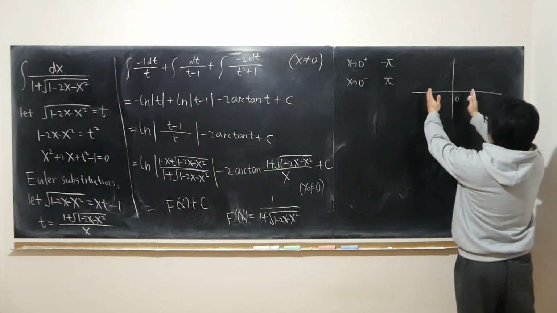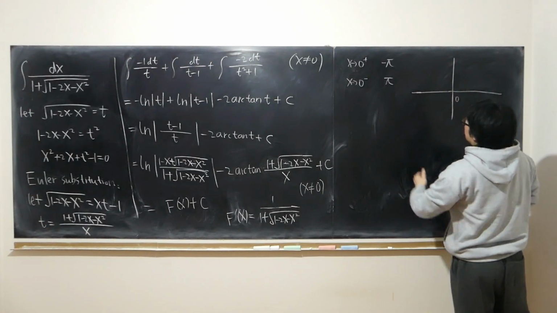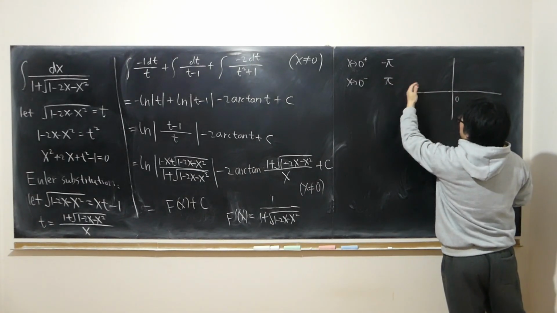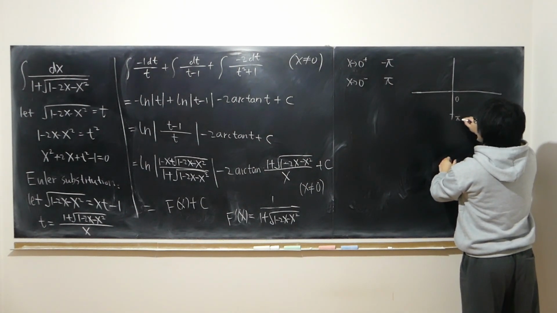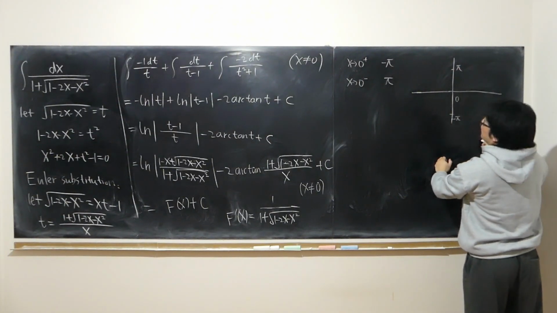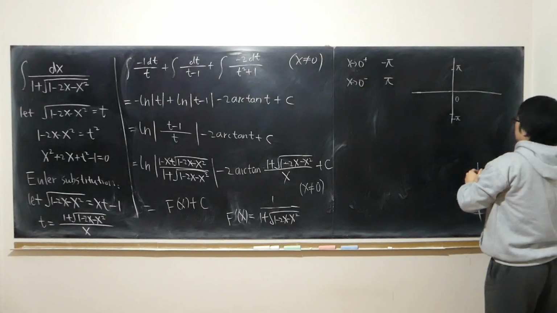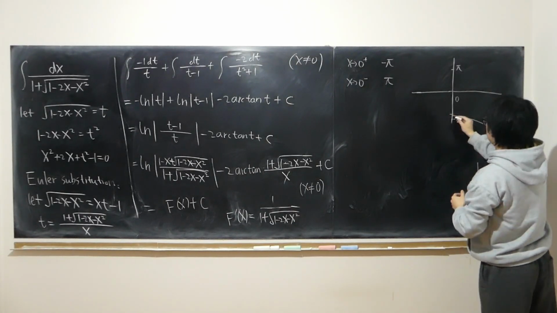You have some restrictions here. You have the left-hand side limit, and the right-hand side limit, negative pi. Here's positive pi. You approach from the right-hand side to 0, maybe it looks something like this.